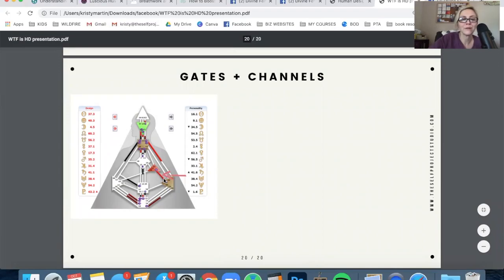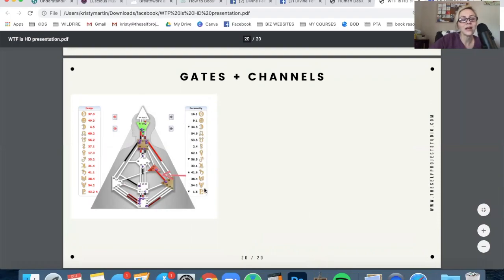Channels are the lines that run between. Gates are all the little numbers in there, and each little gate is lined up to a specific personality trait. Some of my defined gates are the gate of saying yes, or the gate of power skills. Each has a meaning behind it, especially depending on its planetary influence, which these charts tell us.